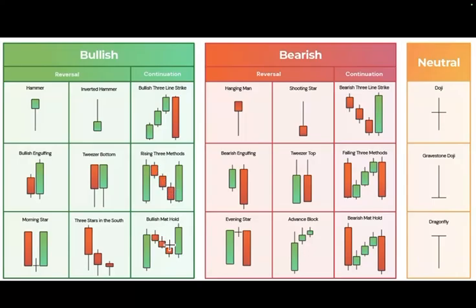Actually, these 3 don't necessarily need to be red, but the first one has to be red. And the other difference is this has to have a closure or a higher high above the first candle, and this actually needs to have a closure above the second candle, which technically, this second candle's high is supposed to be above this one.